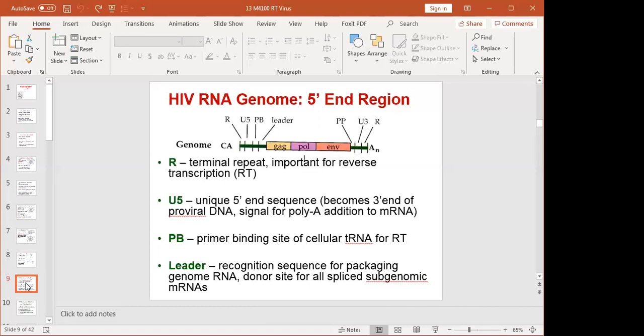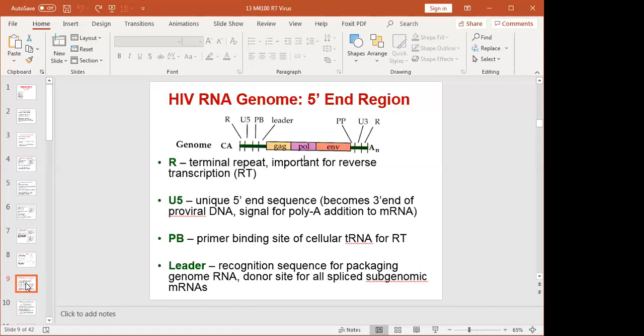And what does it do? It signals for poly A addition to messenger RNA, or as we talked before, polyadenylation. PB is the next region, which stands for primer binding site.